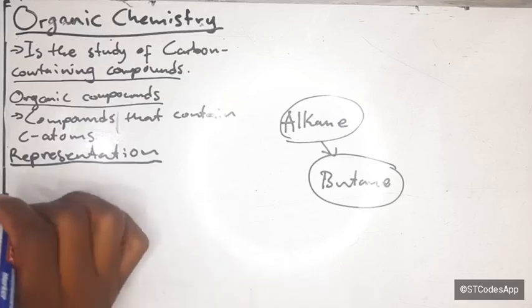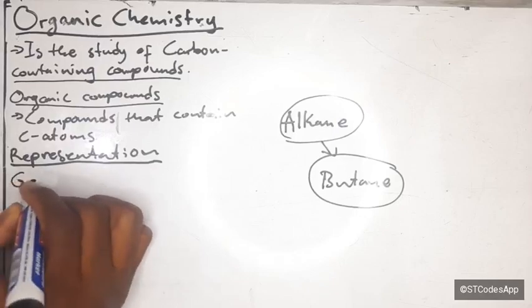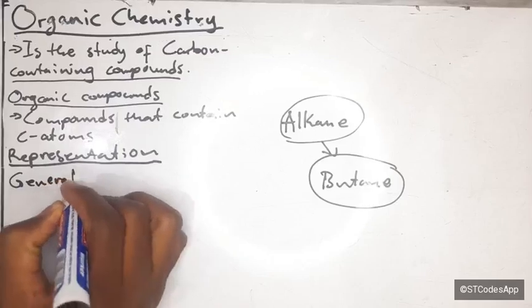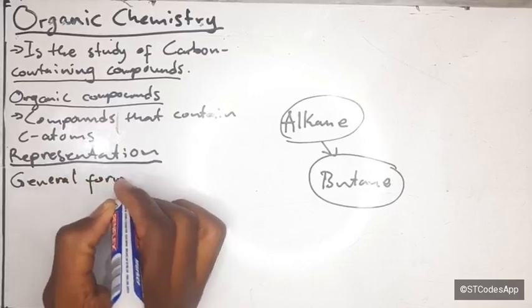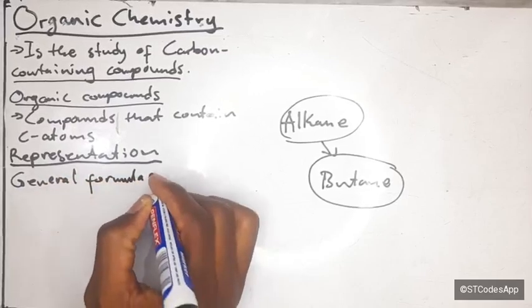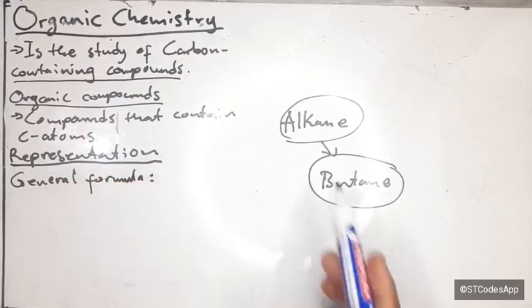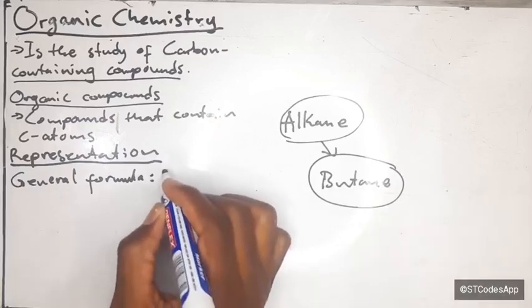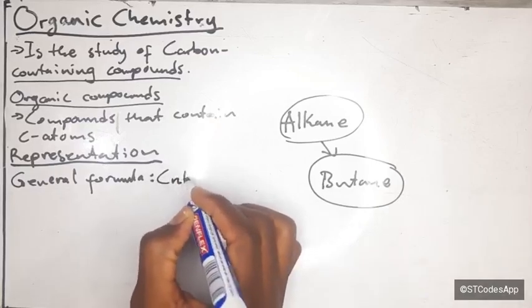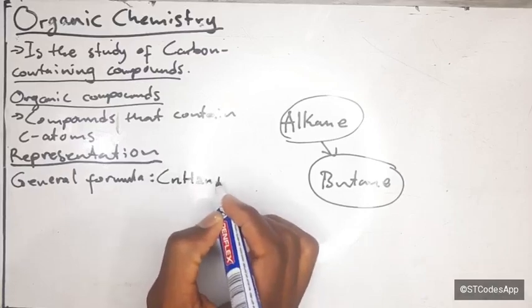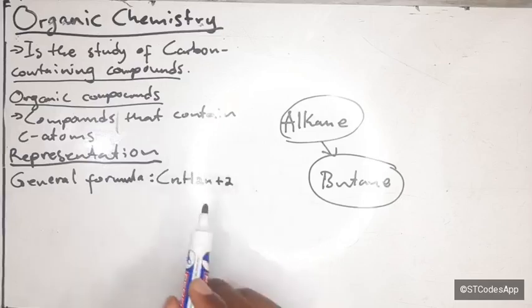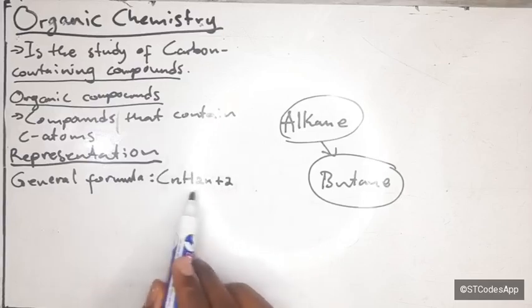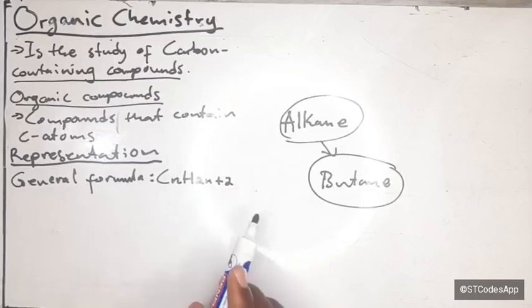The first representation is what we call the general formula. The general formula has to do with something like alkane. For alkane it is CnH2n+2. This is how the general formula should look.